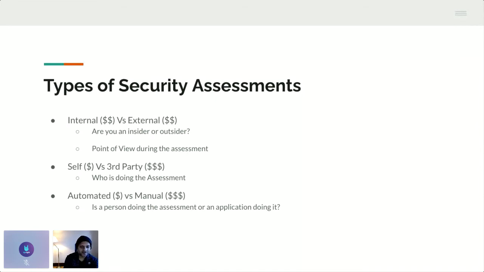This is a little more expensive. And another aspect is, how are these assessments being done? Are they done in an automated way, using an application that will just do some scanning, or are they done manually by a person who's actually doing these tests? So these are different aspects of the security assessments that you would think about.